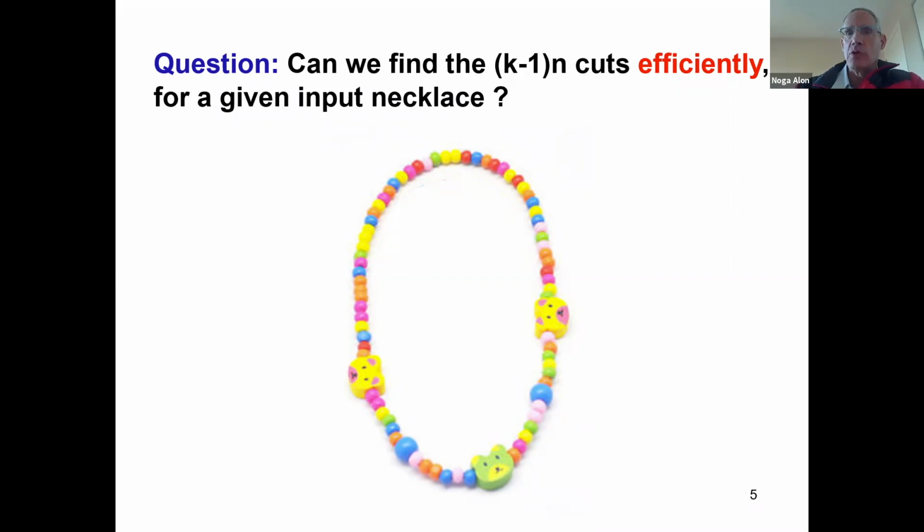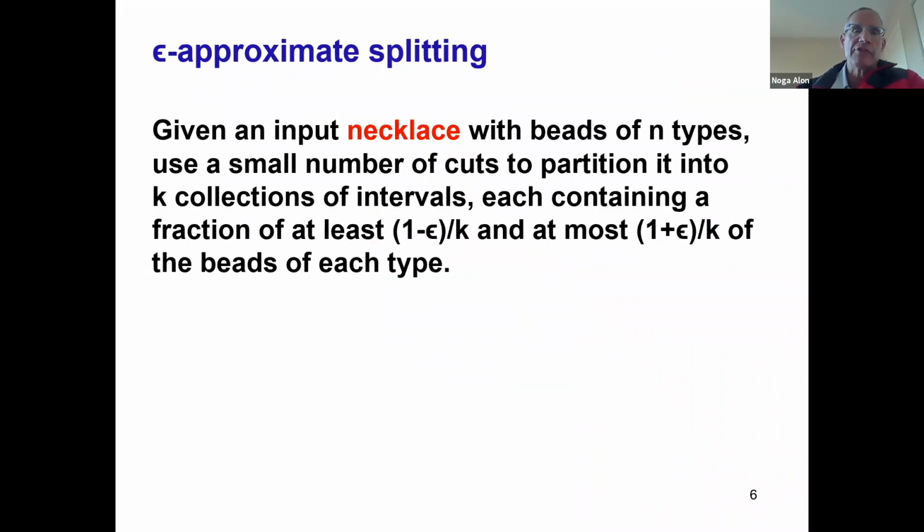Because I want to consider the algorithmic aspects of the question, let's also consider an approximate version, which I call epsilon approximate splitting. So we're given an input necklace, again, beads of n types. And what we want now is to use a small number of cuts, and partition it into k collections, so that each collection is not precisely fair, but maybe each collection contains a fraction of at least 1 minus epsilon over k, and at most 1 plus epsilon over k of the beads of each type.